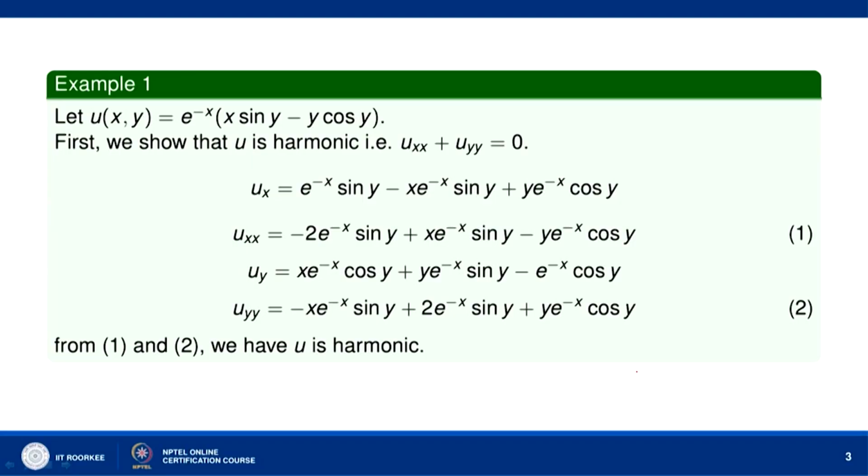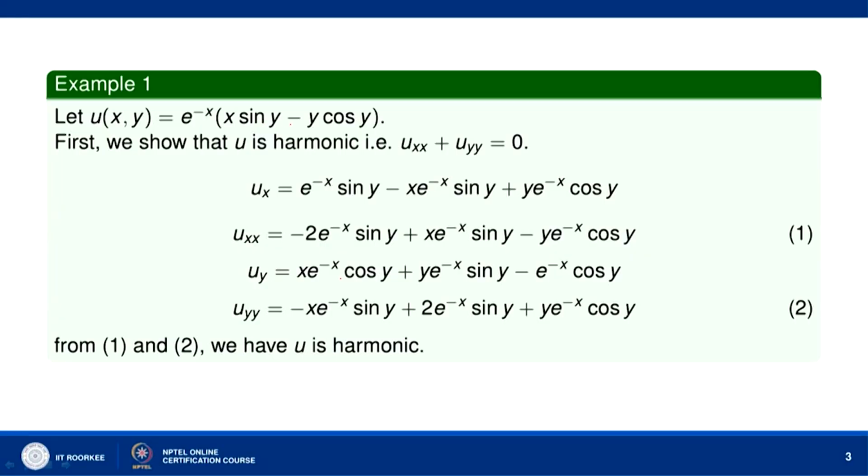Now, let us take an example. If we know one harmonic function, the other harmonic function can be found using the Cauchy-Riemann equations, and we can then find the corresponding analytic function. So, if you have u(x, y) equal to e to the power minus x into (x sin y minus y cos y), first we see that this function u(x, y) is a harmonic function of x and y.